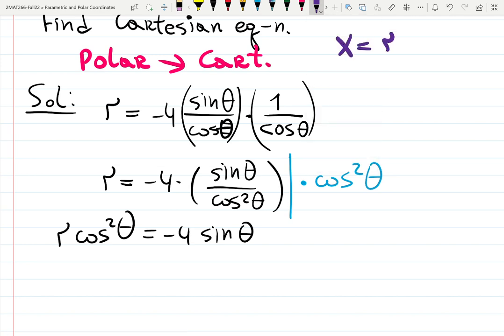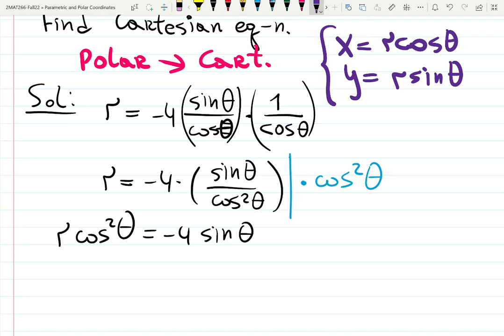x is r cosine theta and y is r sine theta. That's what we used in previous examples. So you kind of want to have that. But to have that, you would like to have r in front. What did we do to get that r? Do you remember? We multiplied by r, yeah.